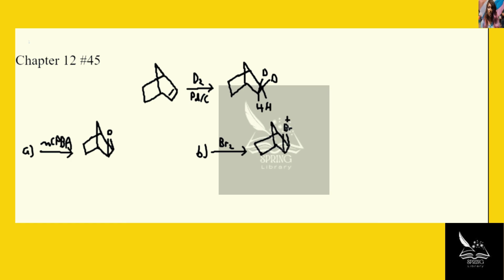So now when we next treat this with water, or I guess we used water at the same time as the bromine. Regardless, there's water in this solution. So the water, the oxygen is going to attack from below. So it can attack either of these carbons, but it's going to come from below.